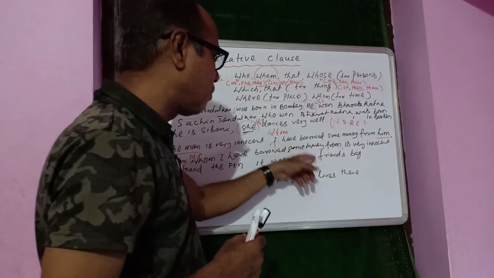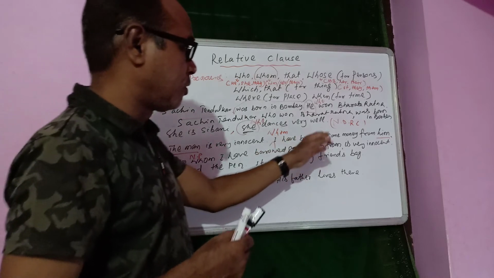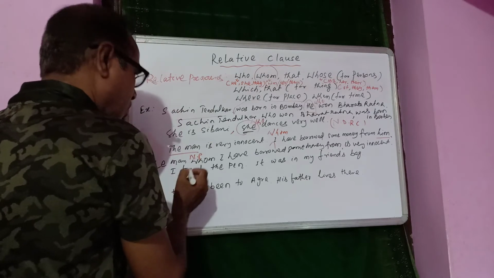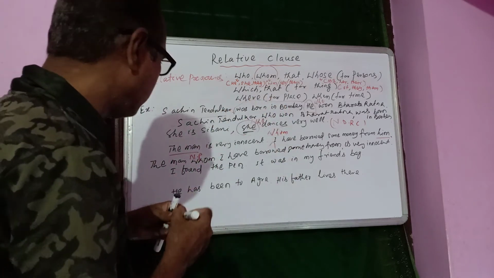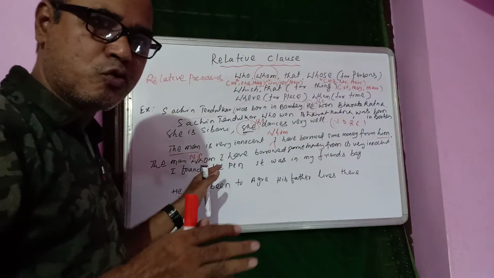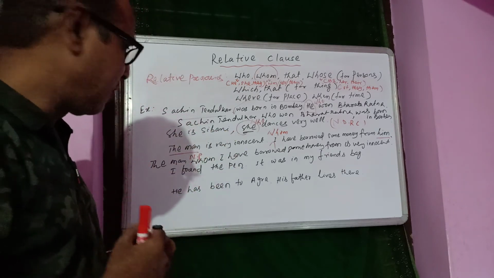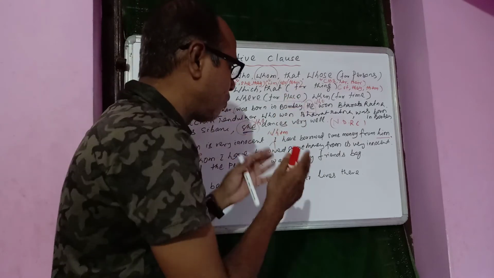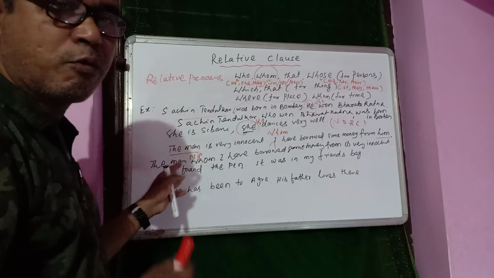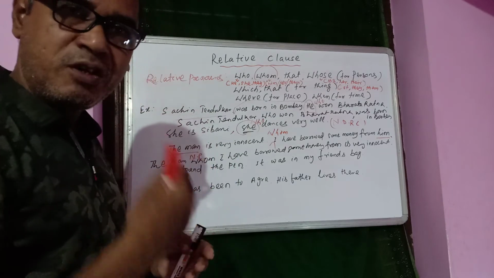Whom I have borrowed some money from, or we can write from whom I have borrowed some money, is very innocent. Here we should not use a comma. It is a defining relative clause. Whom I have borrowed some money from defines the man. It gives specific information about the man, but otherwise we cannot say who the man is.